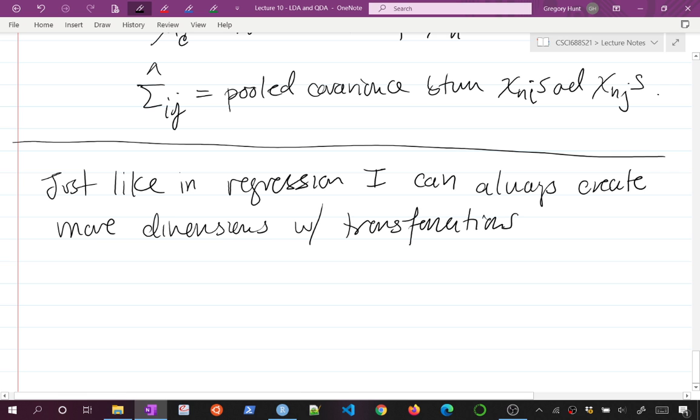In my original linear regression, maybe I had an x, but I could fit a regression of x and x squared and x cubed. I could add transformations of my original variable to enhance the space, basically growing p, the number of covariates.